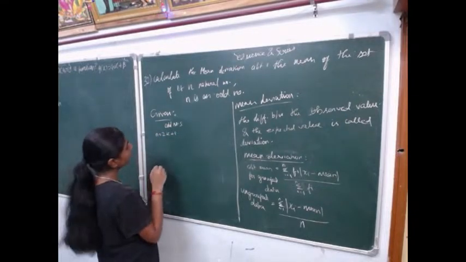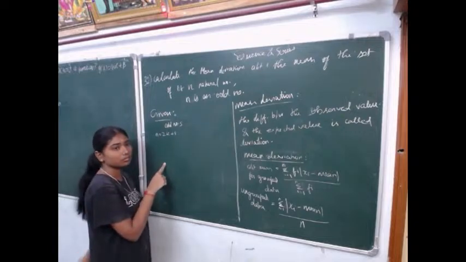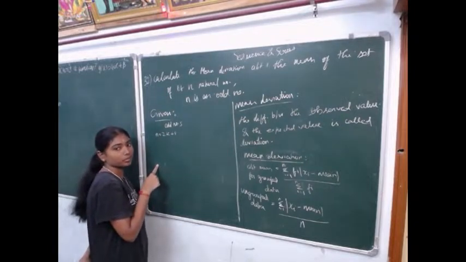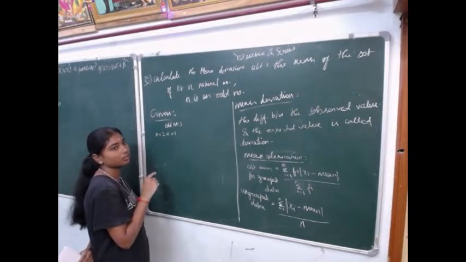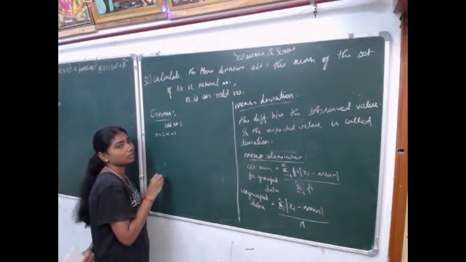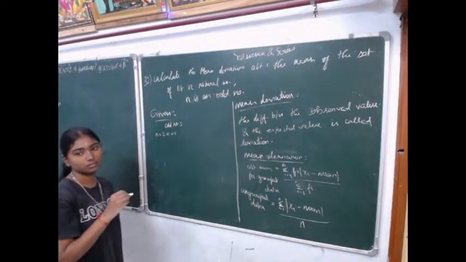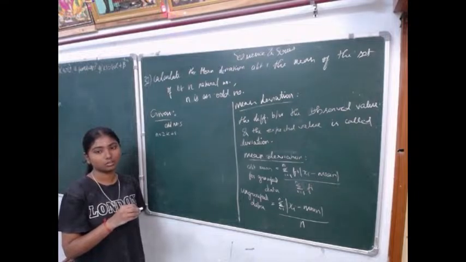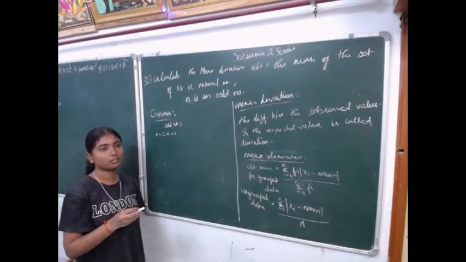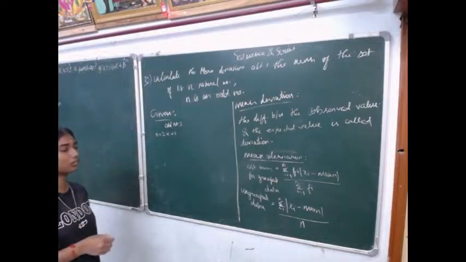For example, when you substitute k equal to 1, 2 into 1 plus 1 is 3. If you substitute 0, 2 into 0 plus 1 means 1. And what is the third number? First number is 1, second number 3, third number 5. So 2 twos are 4 plus 1, 5. Likewise it goes.